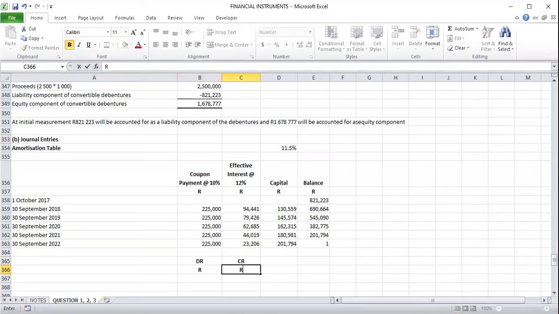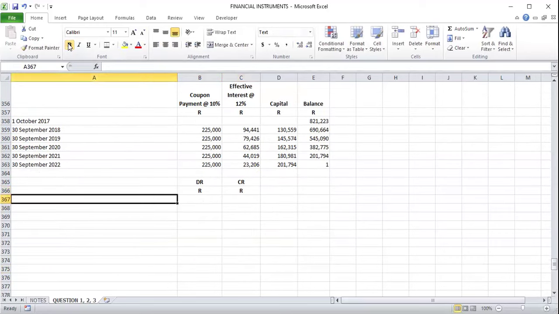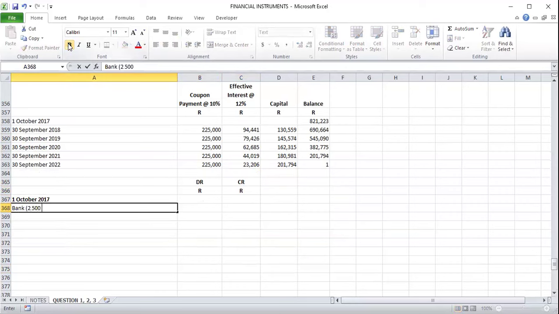On 1 October 2017, we would start with the bank, the amount received in the bank account, which would be 2.5 multiplied by 1,000.